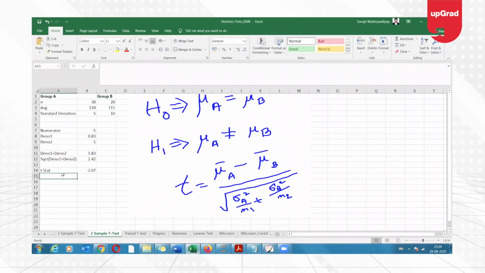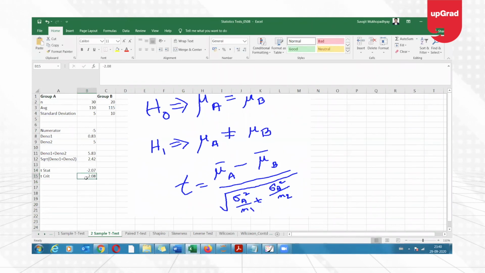So my critical value is 2.08, and I will put a negative sign, and as we can see it's very close, and the t statistics is inside, it is less than the t critical value.